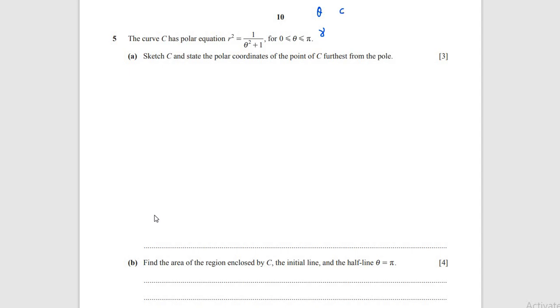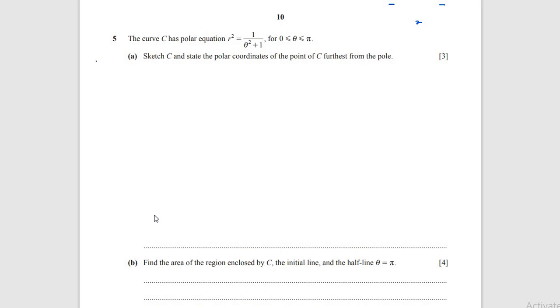Our theta is 0, 30 which is pi over 6, 60 which is pi over 3, 90 which is pi over 2, 120 which is 2 pi over 3, 150 which is 5 pi over 6. I think this space won't be enough, I want to use the other parts to sketch the graph. Okay, it should be enough. Let's do it.